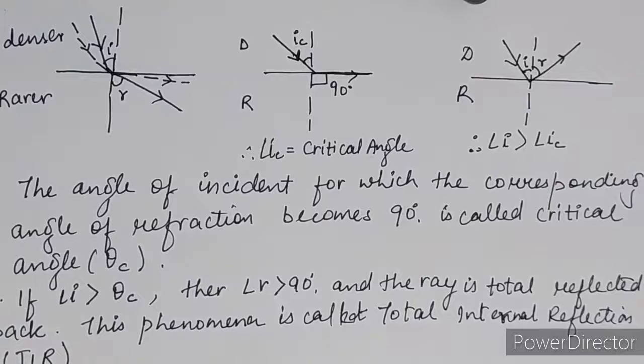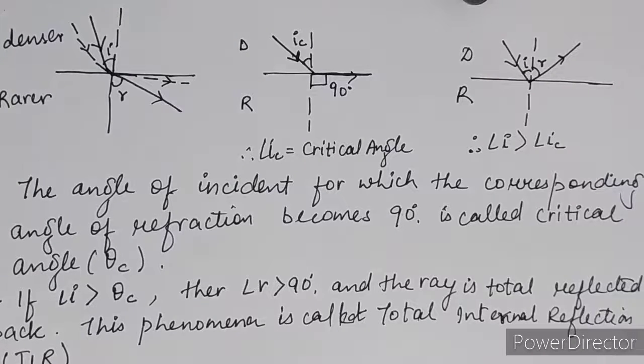Okay, clear? And this TIR requires two basic things. First, the rays should enter the rarer medium from the denser, meaning light rays should travel from denser to rarer. And the second thing is that the angle of incidence is greater than the critical angle. If such conditions are met, then only we will be able to acquire this TIR phenomenon.